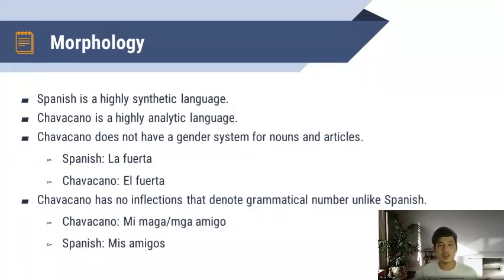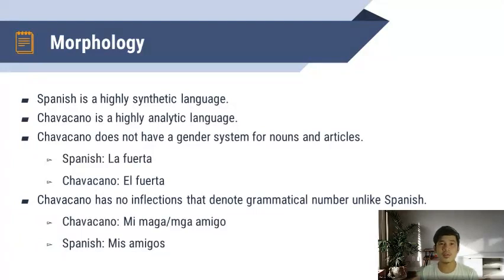Unlike in Spanish, when you say the word puerta, it means feminine. Words ending in letter O are masculine in form. Say, for example, we say ojo, which means eye. So that means that ojo is a masculine noun.